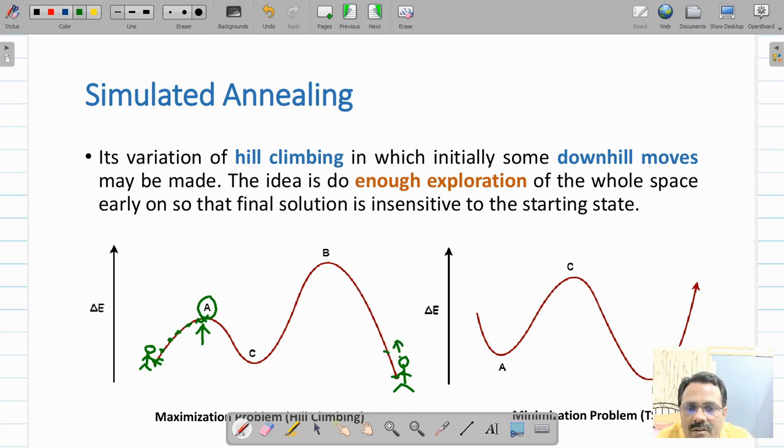So the algorithm would have selected these particular solution points and it would have reached the top of this hill, because this neighborhood solution is better than somewhere here, because you are going up. So uphill movement is preferred in the hill climbing search algorithm. Once you reach point B, it would have returned you the solution. So where you are starting, that is the initial state, is important in the hill climbing search algorithm.